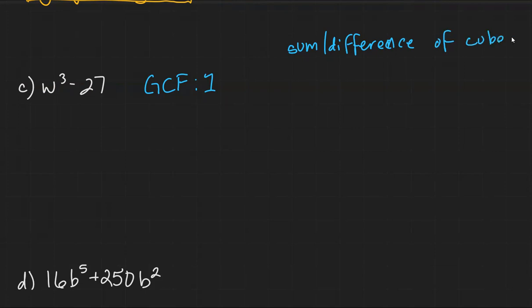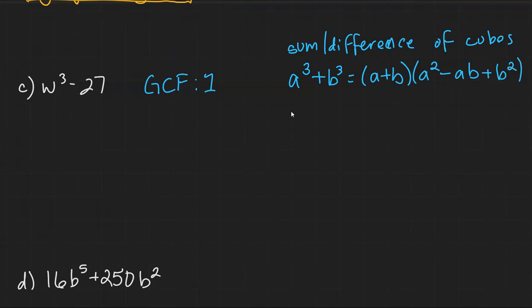A square is the result of squaring a number. A cube is the result of cubing a number, raising it to the 3rd power. So for a sum of cubes, I have a cubed plus b cubed, so a to the 3rd power plus b to the 3rd power. Whenever we want to factor something like that, it's going to look like a plus b times a squared minus ab plus b squared.